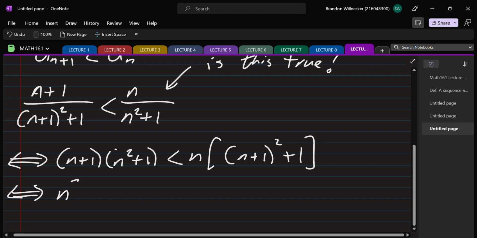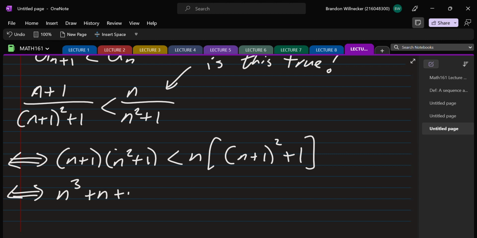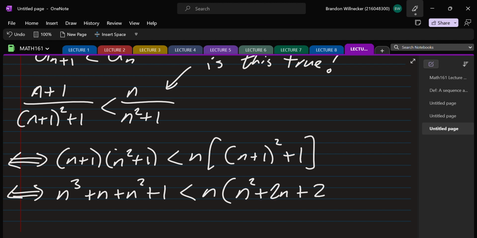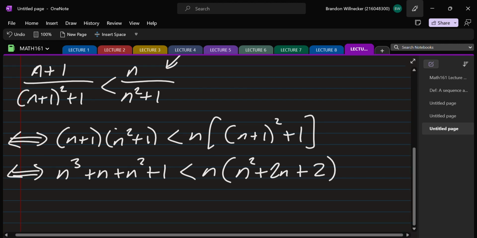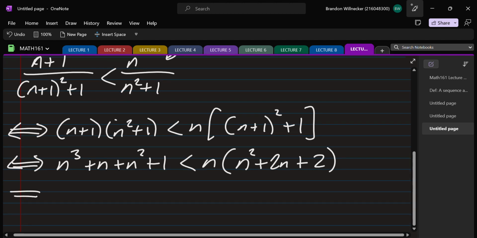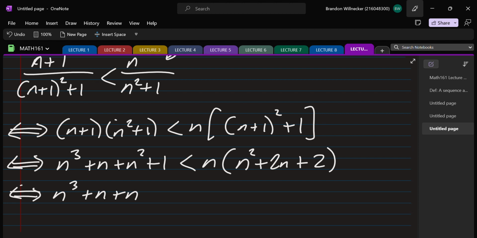So we're going to get n^3 + n^2 + n + 1 is less than n(n^2+2n+2), just adding those two ones there. Okay, this is equivalent to n^3 + n^2 + n + 1 is less than n^3 + 2n^2 + 2n. Okay, so just simplifying.